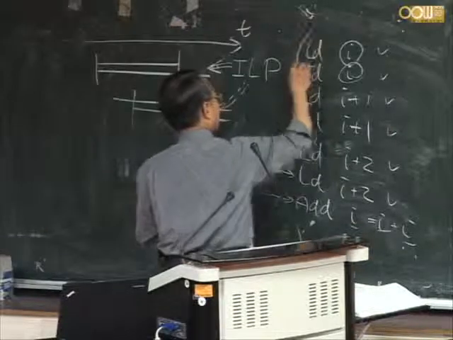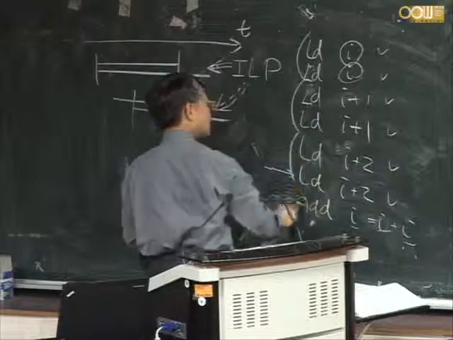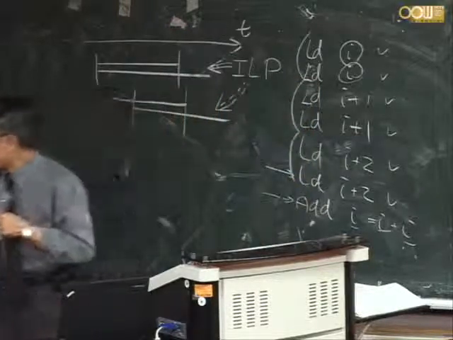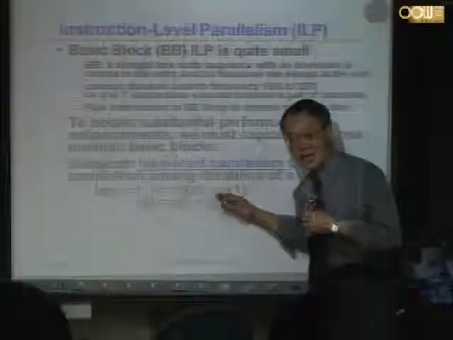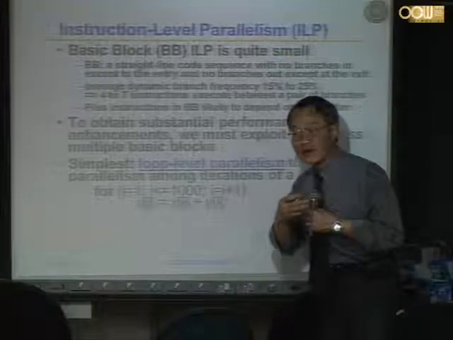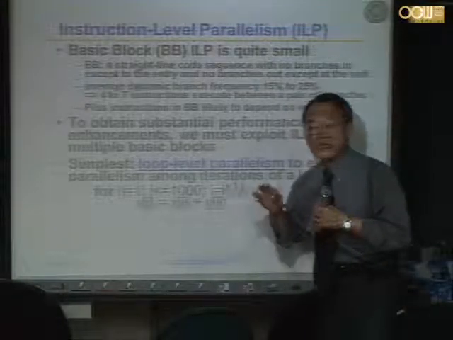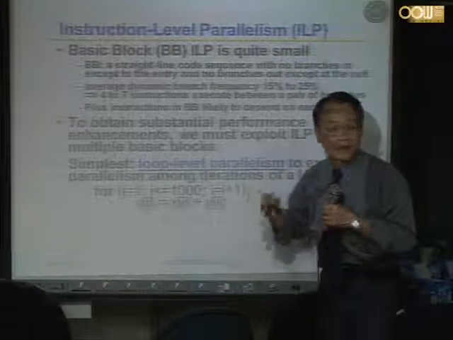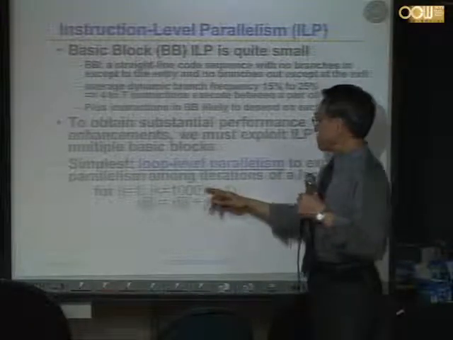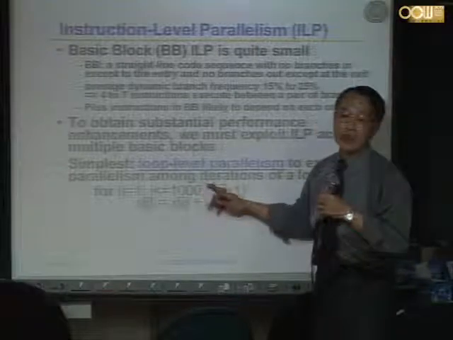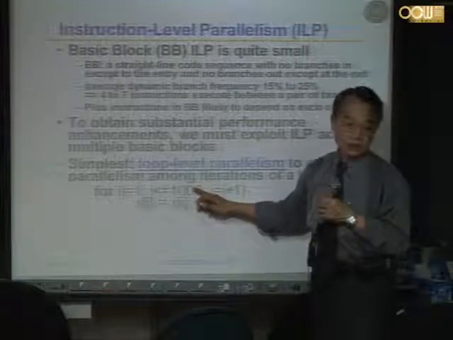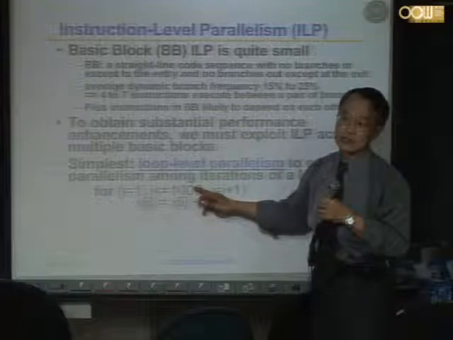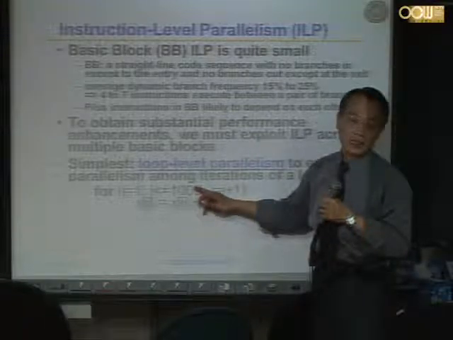And then we have unrolled the loop body for how many times? In our case, we have unrolled it 3-fold. So the number of iterations will now be 1/3 of 1,000. In other words, 333.